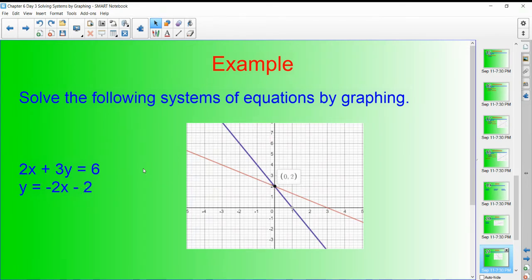So I'm going to put a giant X through it. I'm going to regraph it. I'm going to ignore what's on my screen and say, okay, that doesn't look right. And this is an example of how to immediately check. So this has an x-intercept of 3, 0, because I cover up the y, and 0, 2. So this red graph looks good.